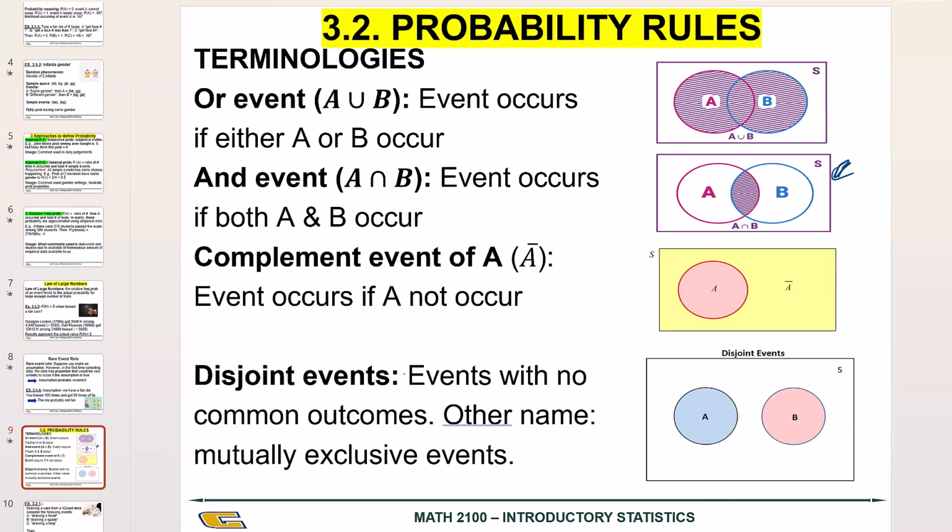And the complement of A, the pink one, in this case would be the yellow region, the complement.